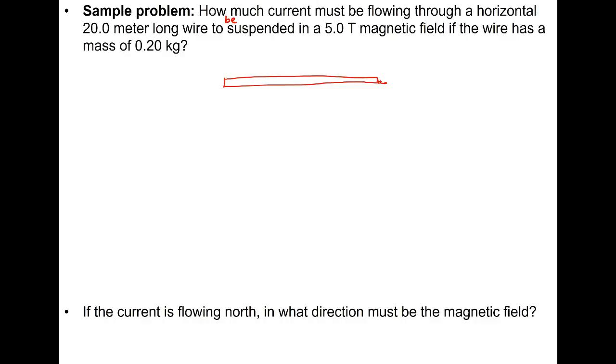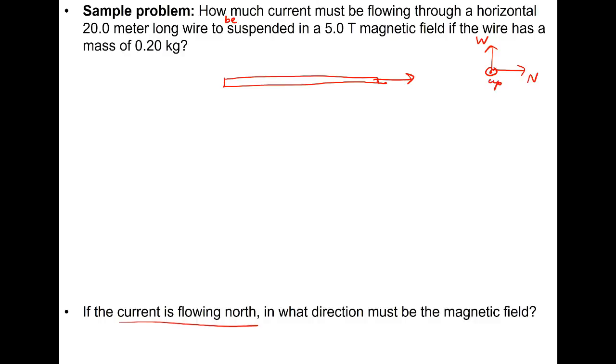And we're also told that the current is flowing north. So let's just make it similar to our other diagram. Okay, so we're going to have north going that way, which means west is that way, and then coming out of the page is actually up.